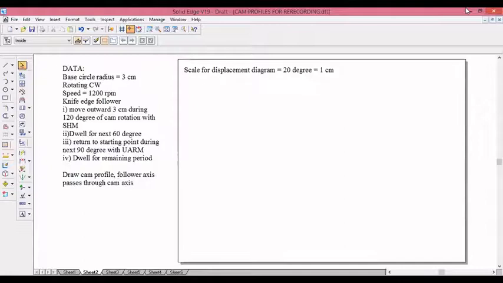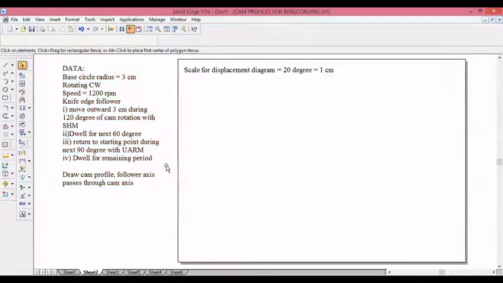The follower to move outward through 3 cm during 120 degree of cam rotation with simple harmonic motion, dwell for next 60 degree, follower to return to its starting position during the next 90 degree with UARM, dwell for remaining period. Draw the cam profile. Follower axis passes through the cam axis.